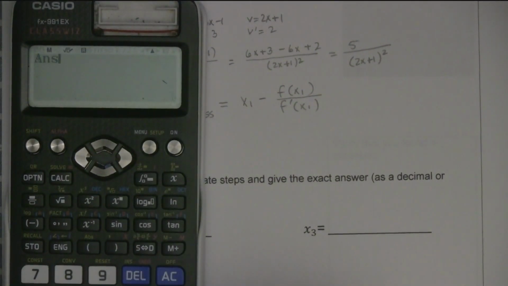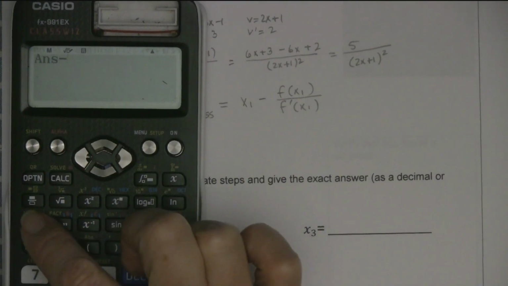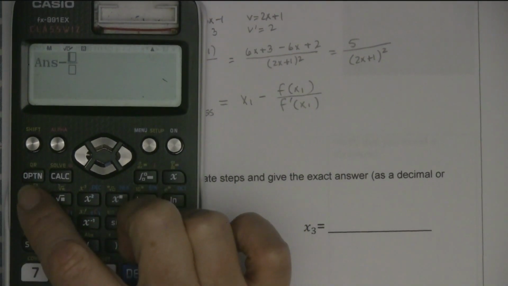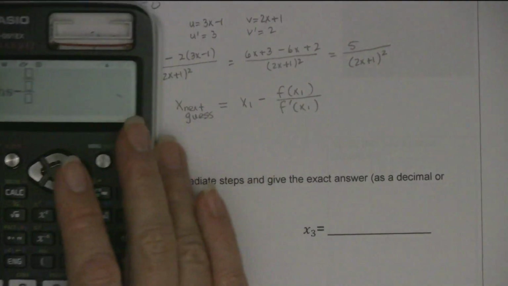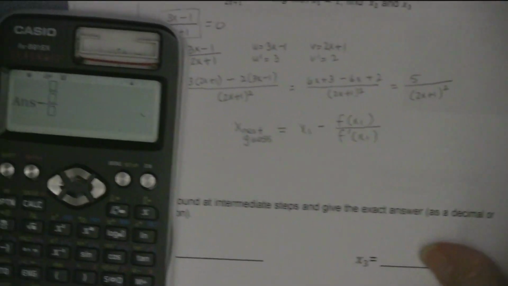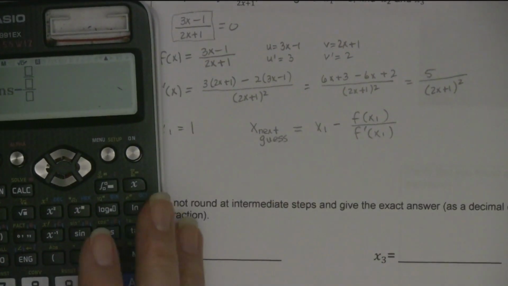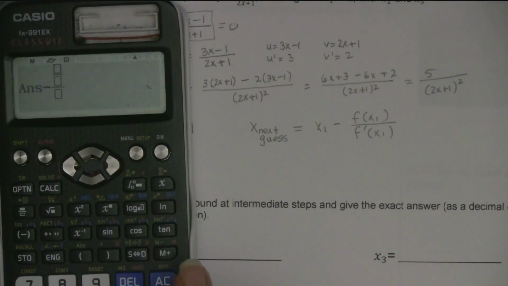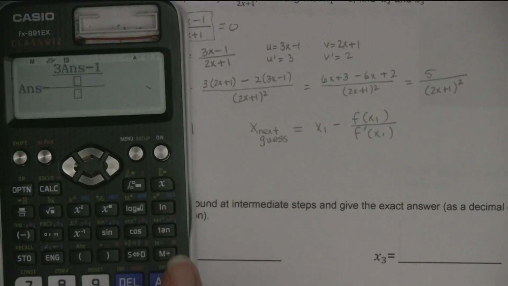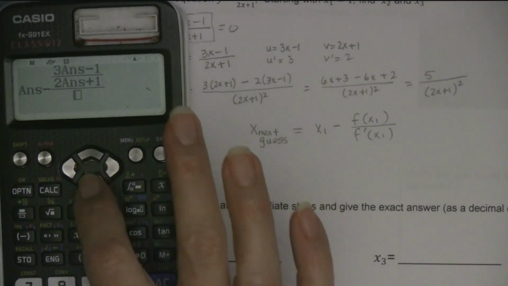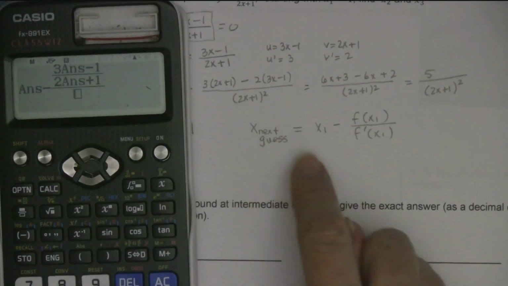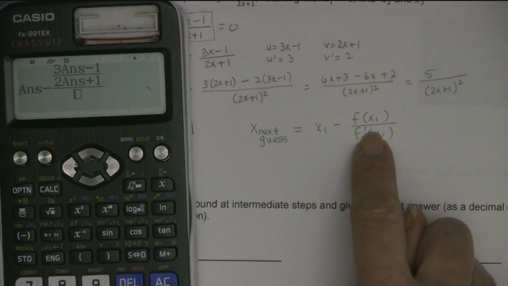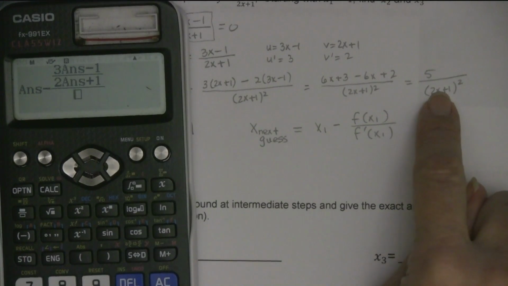So down at the bottom I have answer minus, and then I want a fraction, because f is a fraction. Remember, f is a fraction. It was 3x minus 1. So 3 answer minus 1, and in the denominator, 2 answer plus 1. And then going downstairs, I'm looking at what f prime is, and it's this.